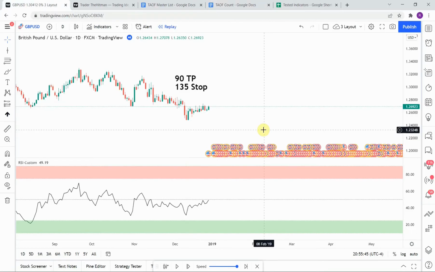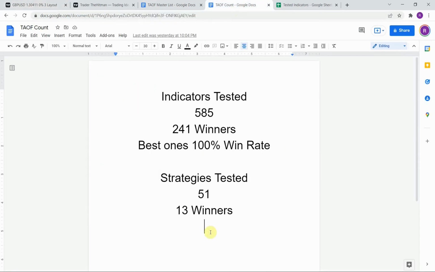Alright, as I said, today we will be testing the RSI custom bands. Before we do though, I wanted to put the testing scoreboard up for everyone to see. So to date, we have tested a total of 51 different strategies, with 13 of them being profitable.